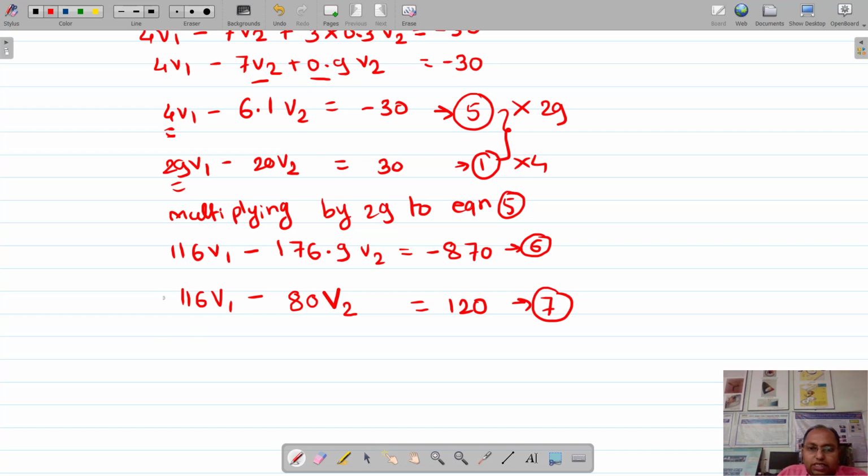Now let us subtract equation number 7 from equation number 6. Subtracting will result like this. The v1 terms are going to get cancelled out, right?